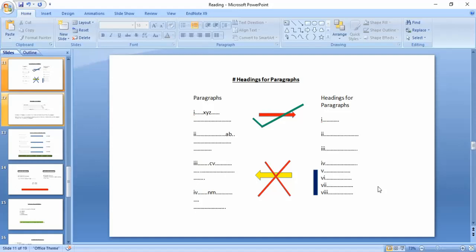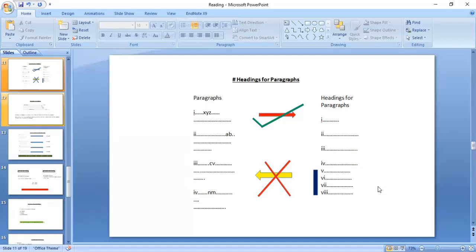And usually, the headings are more in number than the number of paragraphs. That means you will have more wrong headings than are required for the paragraphs. That means some of these headings are wrong.